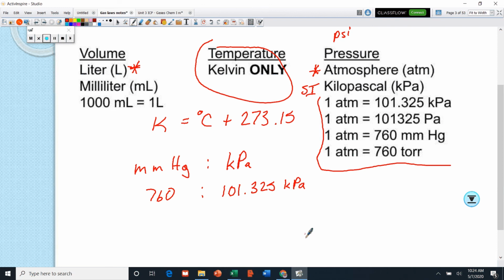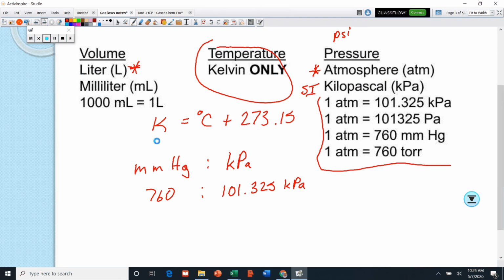All right. So we can set up a relationship like that. If I was going from kilopascals to millimeters mercury, I would have 760 over 101. If I was going from millimeters mercury to kilopascals, I would have 101 over 760, something like that. So don't feel like you have to always go to atmospheres first. A lot of times I like to do my work in atmospheres because they present a cleaner, smaller number, and I just like doing the math with smaller numbers.